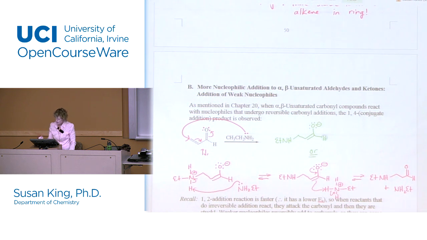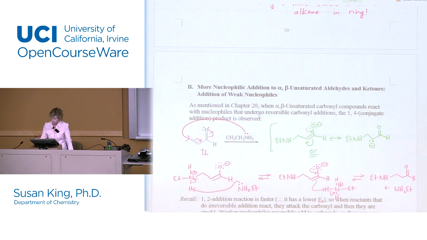And the other way to do this is to draw the resonance structure for the enolate ion. To draw the resonance structure, we push electrons down here, put electrons on carbon there. So this is a resonance structure, so I'm going to do resonance arrows and brackets. And there you can see the negative charge on carbon right there.